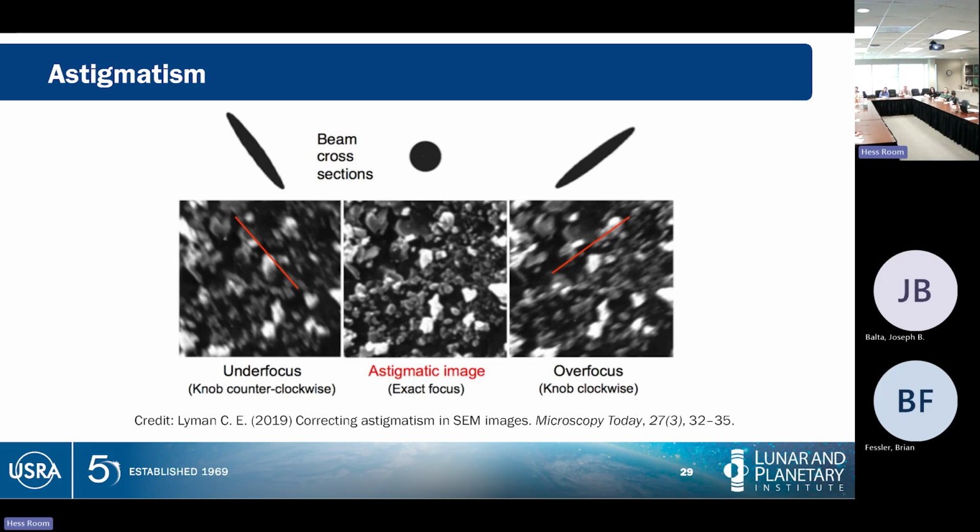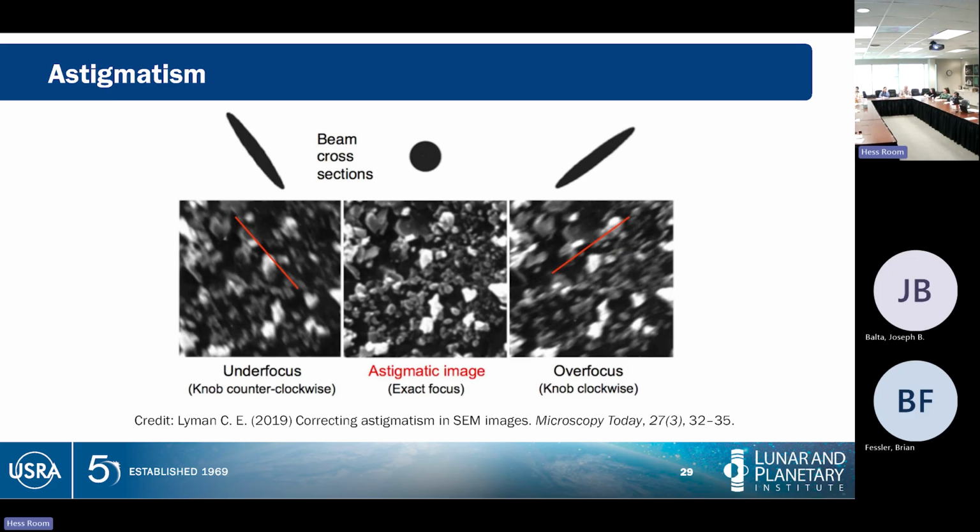How do I test this? I take the beam and move it slightly out of focus. If it's astigmatic, it will go out of focus in one direction more than another. And then I go the other direction. So if I go up in focus, it goes this way. Turn 90 degrees. If I go down in focus, it stretches out this way.